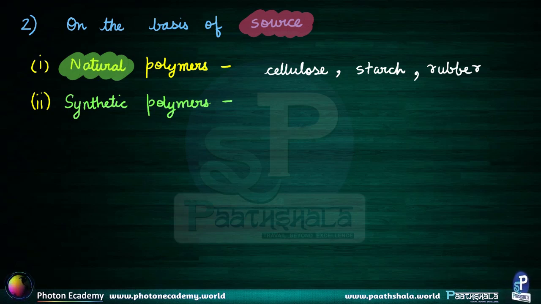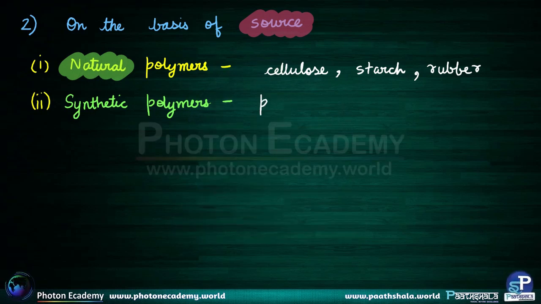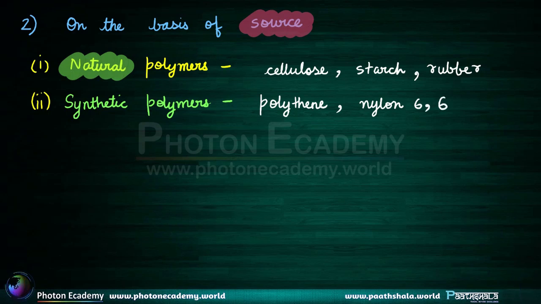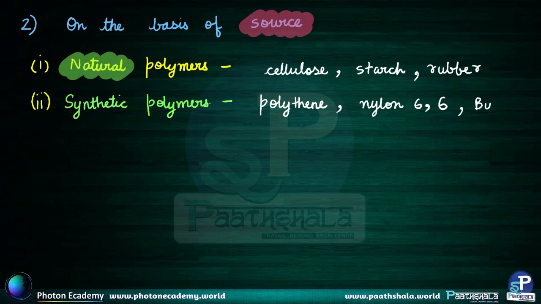So if we have to give some examples of synthetic polymers, it can be polythene. Then there is nylon 6,6, which we just saw under copolymer category, and synthetic rubber, which is known as Buna S.